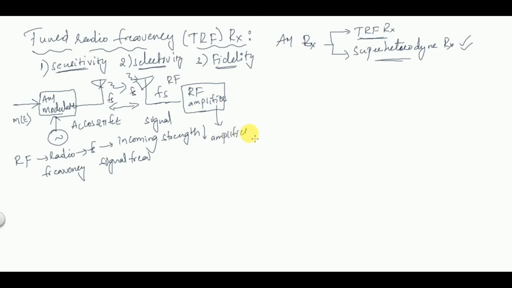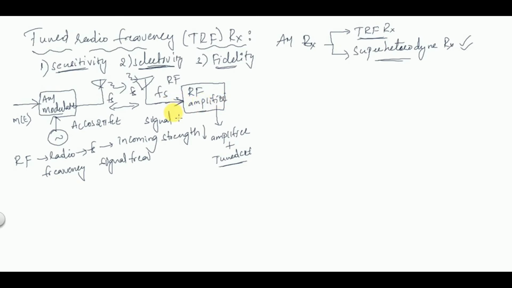This consists of one amplifier circuit plus a tuned circuit. So why is the tuned circuit used? To have better selectivity, because once an unwanted signal frequency enters the receiver, it is not possible to eliminate that unwanted frequency.